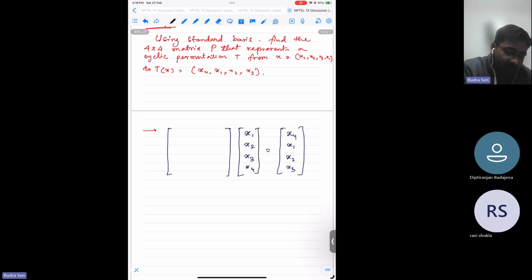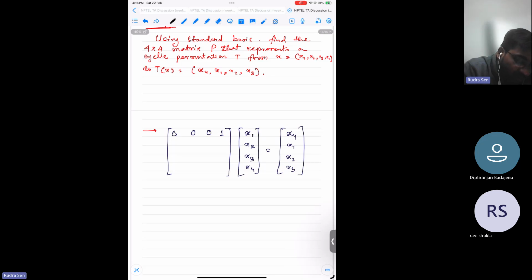It is very easy. x4 is moved to the first position, so in the first row the last entry should be 1 and the other entries 0.